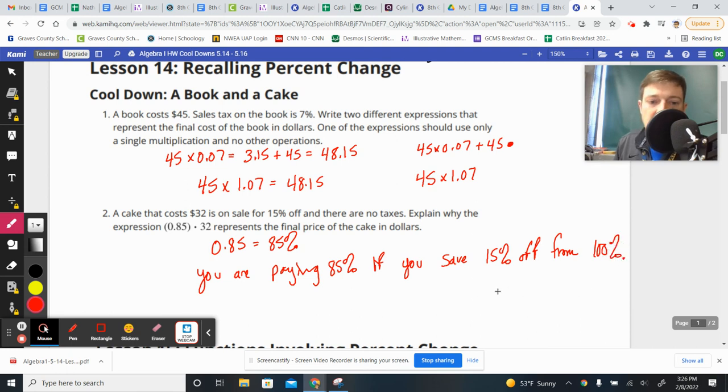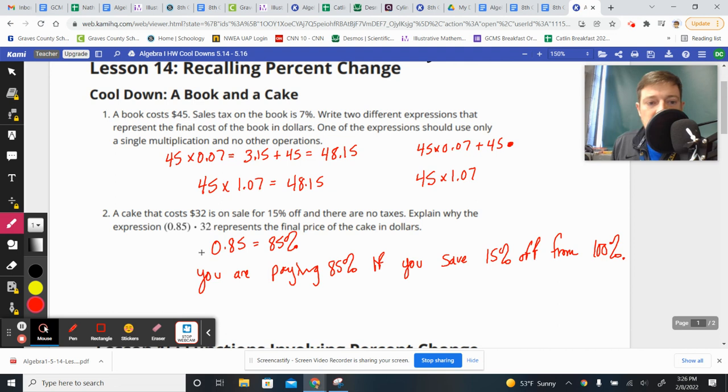That's the way we think about this: in terms of what we pay and not in terms of what we save. So this represents the final price because it's what you pay, not how much you saved. If we wanted to find out how much we saved, we'd multiply 0.15 and 32, and we could subtract that from 32 to find the answer. But if we want to jump straight to the final price, we can just multiply these two numbers.